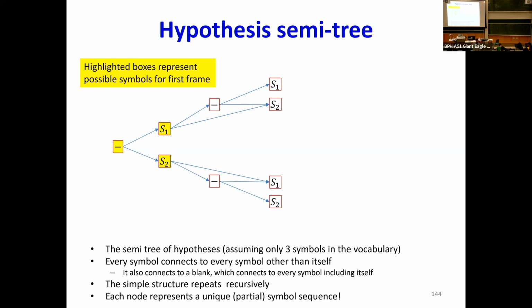So if I didn't have a blank, it would be a pure tree. But because I have this invisible blank, I have to account for going through the trees. And the blank is what separates the repetitions of any symbol. So is this making sense to everybody? Aren't the blanks supposed to be connected to themselves as well? So this is just the tree of symbols.